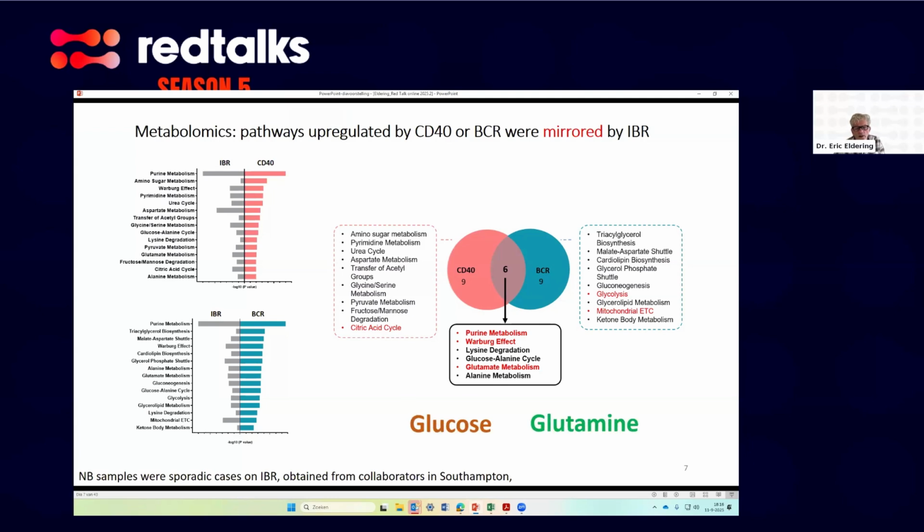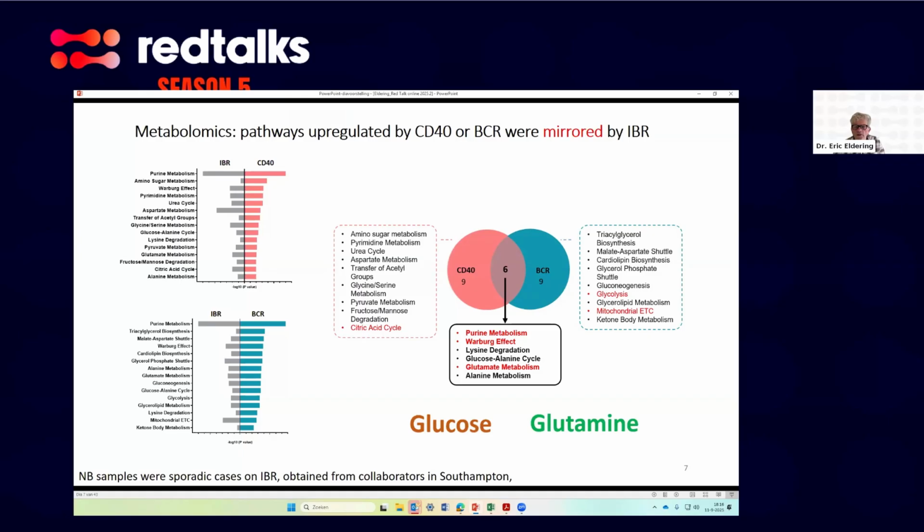From these, already two metabolites and fuels of the various energy pathways seem to be very important. So glucose, not surprisingly, but also glutamine and glutamine metabolism seem to play an important part in the lymph node setting of the CLL cells.